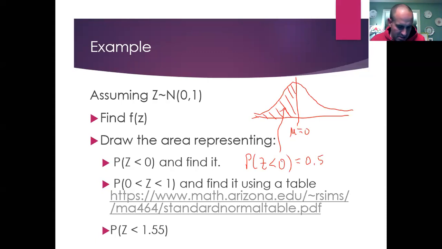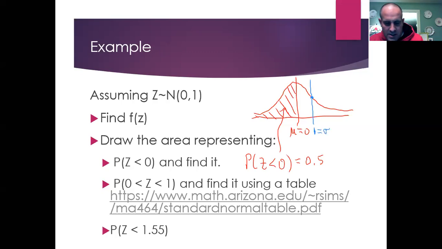Now, what about the probability that 0 is less than Z is less than 1? Well, let's think about that together a little bit. The place where the normal curve goes from concave down to concave up, the inflection point, is exactly at 1, which, by the way, is equal to sigma here.